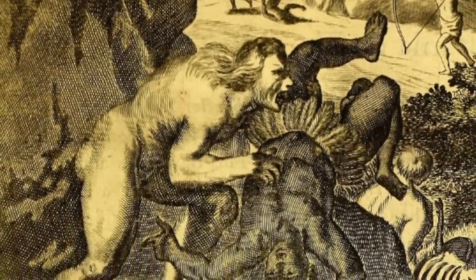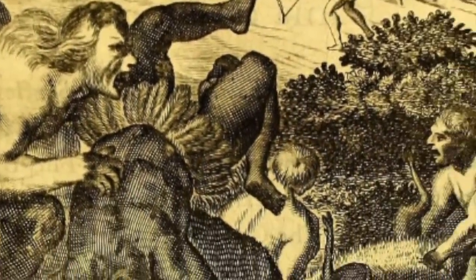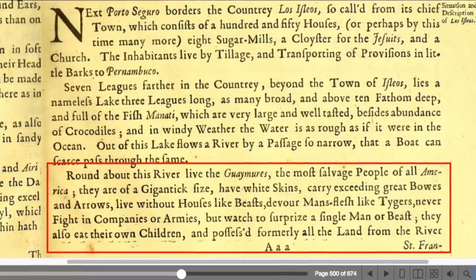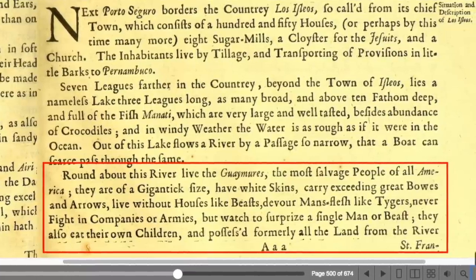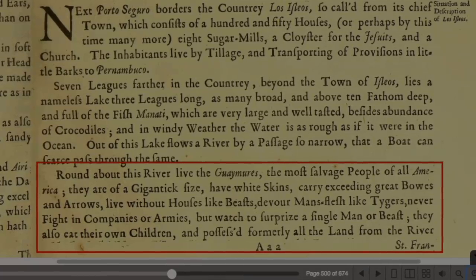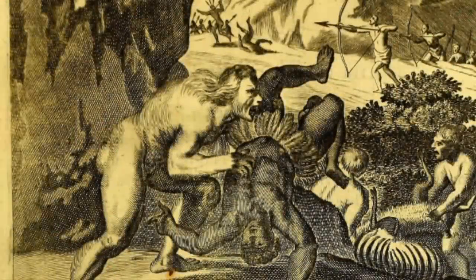They also eat their own children, and possessed formerly all the land from the river Saint Francisco to the promontory Frio, but beaten from thence by the Tupinampas and the Tupinichas. They went to the country of Los Isleos, which they invaded in such a manner that the Portuguese were not only forced to leave their sugar mills, but also the whole country.